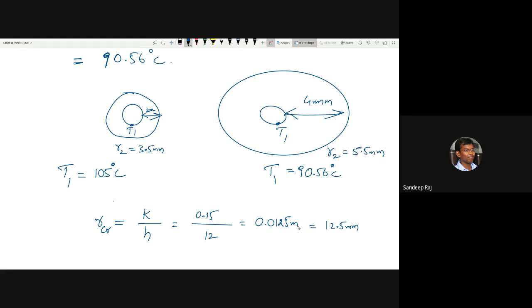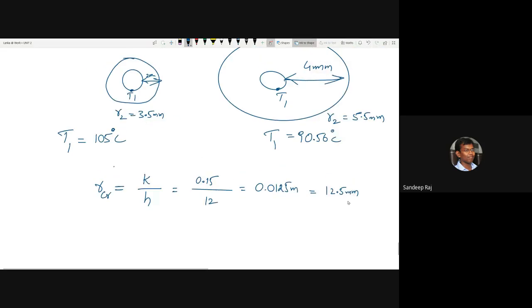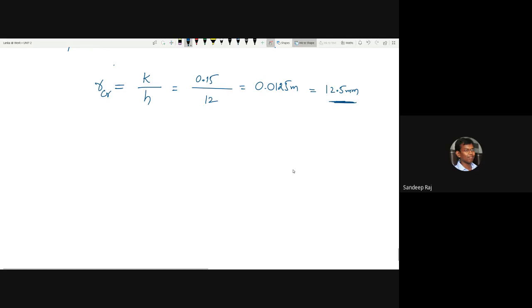Right. See, from this, what we can understand is till 12.5, the heat transfer will definitely increase. Okay. Till 12.5. So if I have to show it as a graph here, if I have to draw Q versus the radius, especially the R2, this is how the graph will be like.